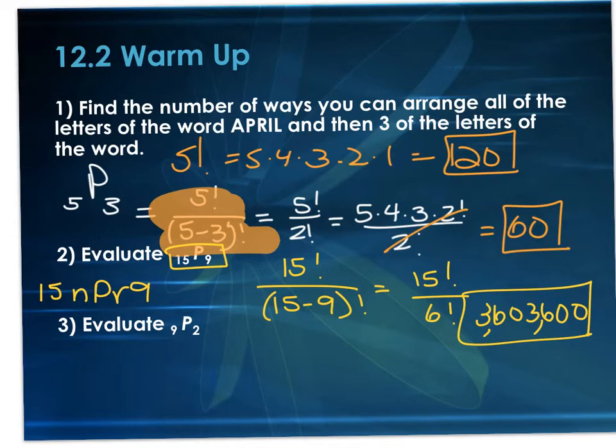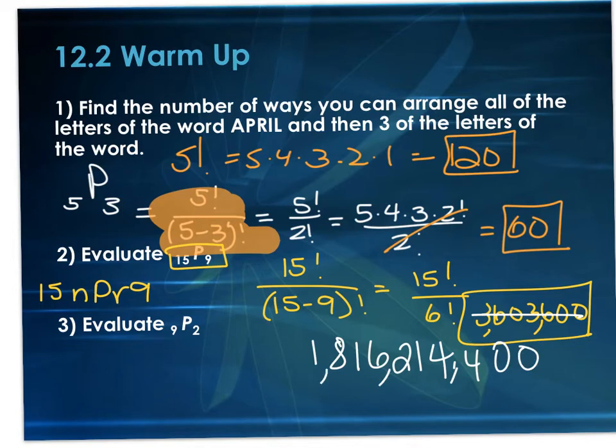So let me correct mine. 9, a much bigger number: 1,816,214,400. Is that what you got? Yeah, okay.